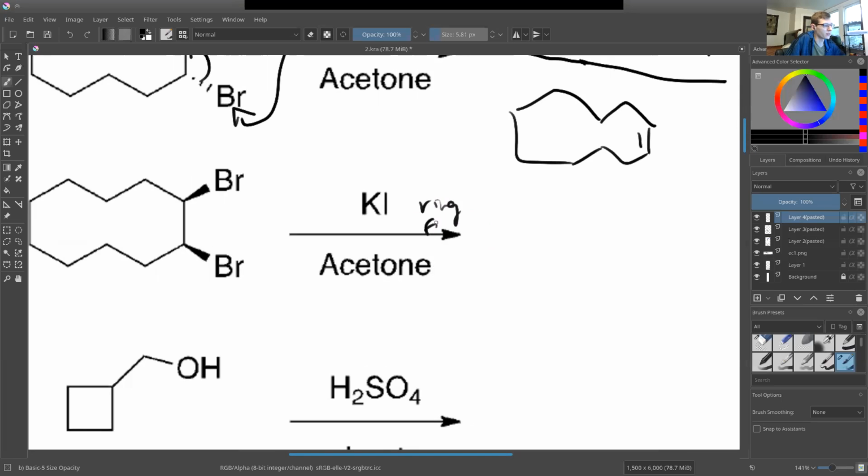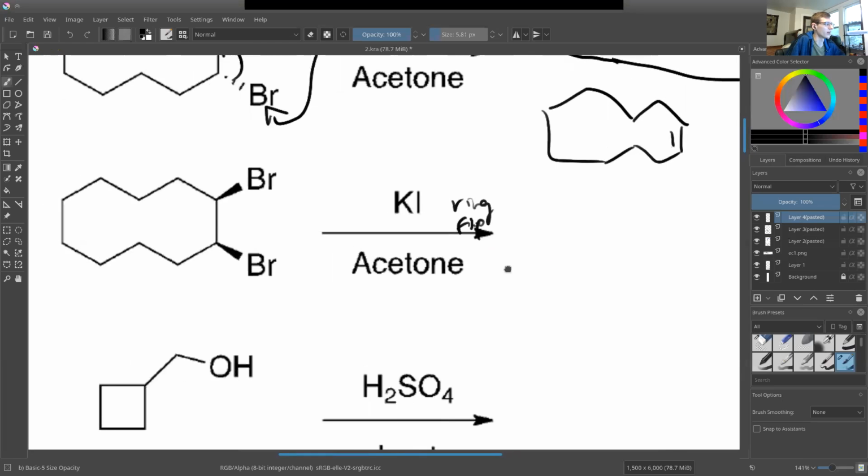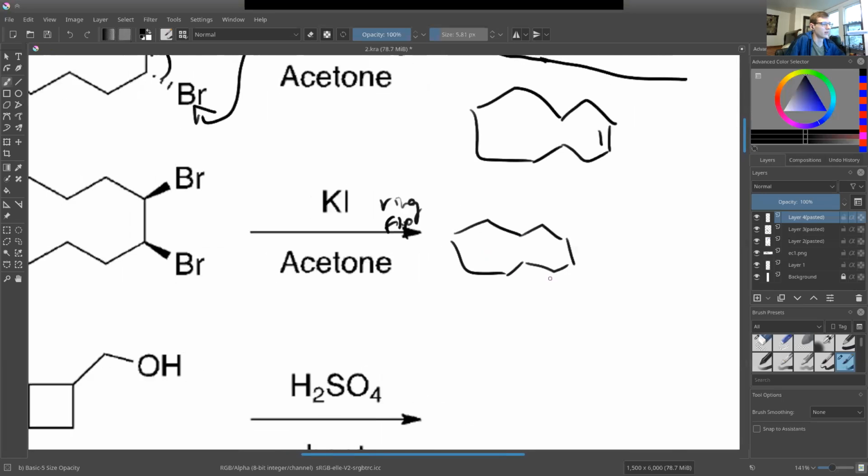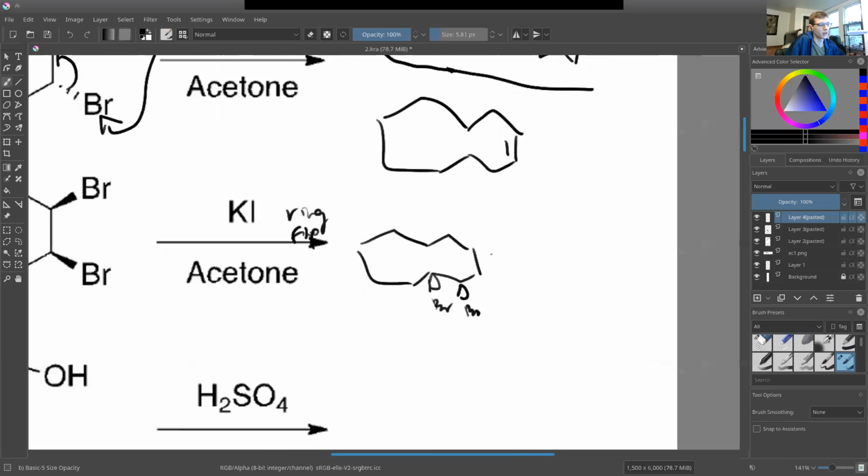So you do a ring flip, and what happens is you could draw the structure like this again, except now they're both here. Okay, and now you do potassium iodide, and you do SN2.